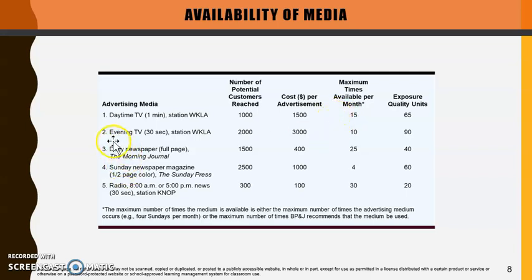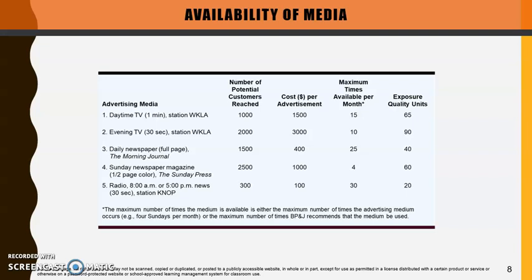The number of evening TV advertisements must be equal or smaller than 10. The number of daily newspaper advertisement must be equal or smaller than 25, and so forth.